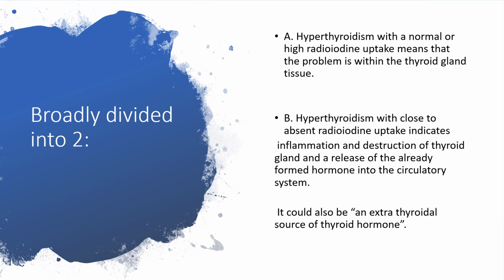But if radioiodine uptake is absent or very, very low, it means there is an inflammatory process going on. It means that the thyroid gland has been destroyed and then the hormones have been released to the circulatory system. It could also mean, if the uptake is very low or absent, that we are dealing with an extrathyroidal source of the thyroid hormone.